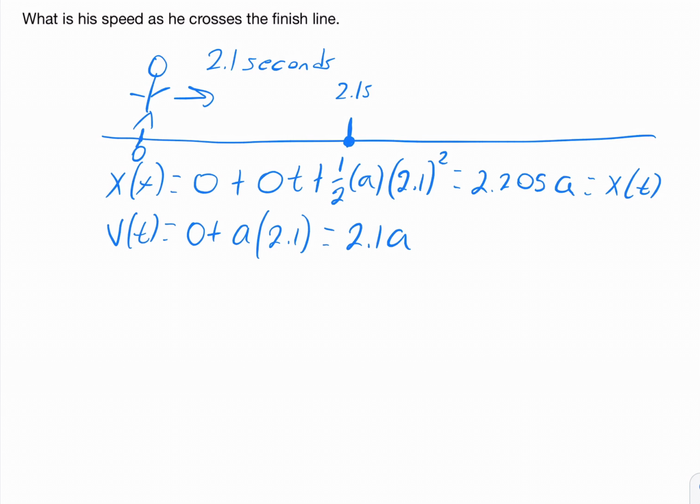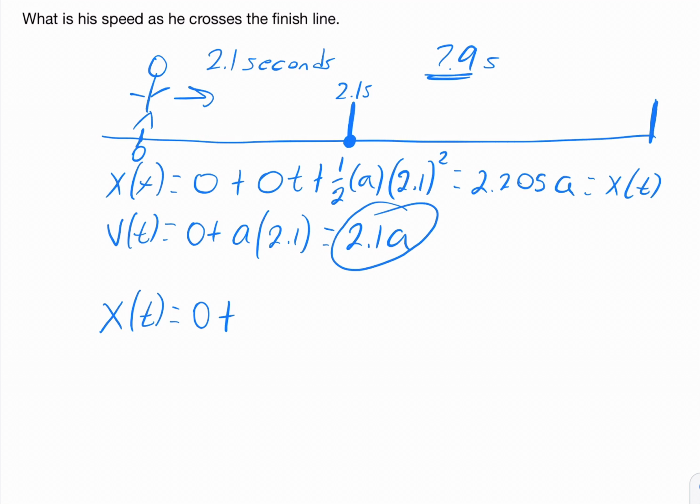What happens after that? So we have a total time now, 7.9 seconds, that we need to look at. So let's look at that distance. For 7.9 seconds, that's the time. Let's just assume he starts at 0. His initial point is 0. And his initial velocity is that 2.1a.